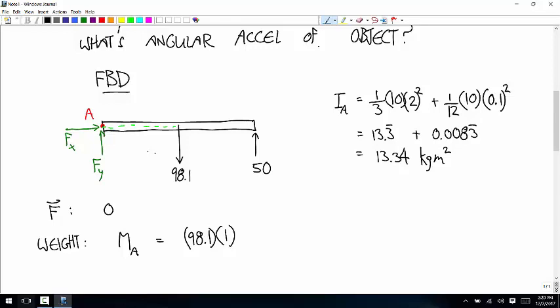If you applied this 98.1 newtons force there, and the axis is here, this force would make it rotate this way. So it's negative, because it's clockwise. So negative 98.1, and the units are newtons times meters.